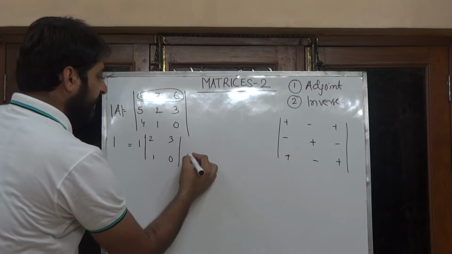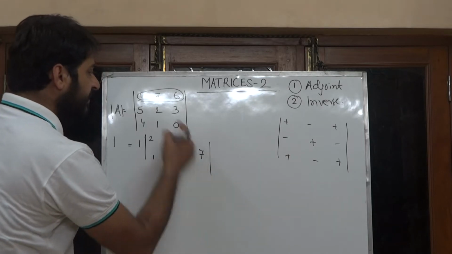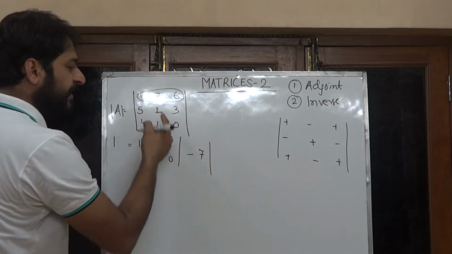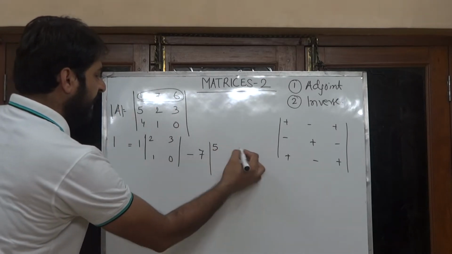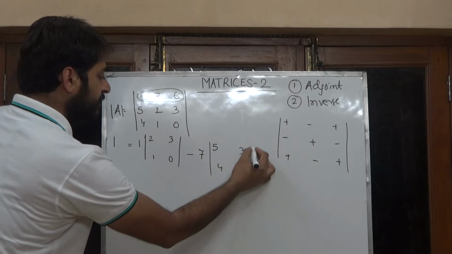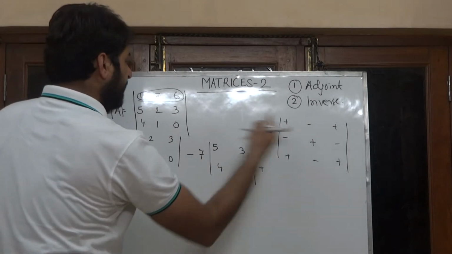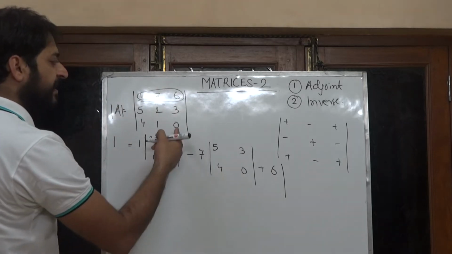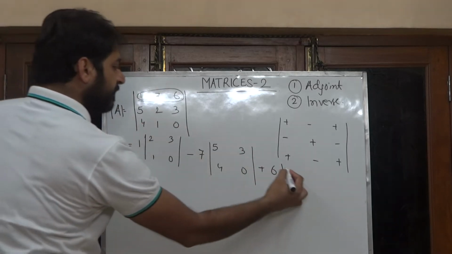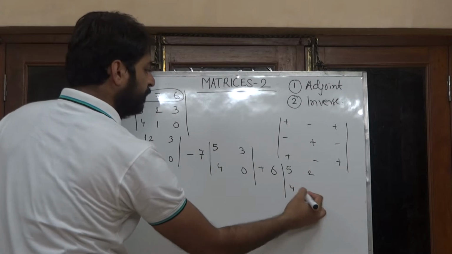Plus sign, then minus of 7, and if I delete the row and the column containing 7, I am left with 5, 3, 4, 0. Last sign plus 6, and if I delete the row and column containing the element 6, it's 5, 2, 4, 1.